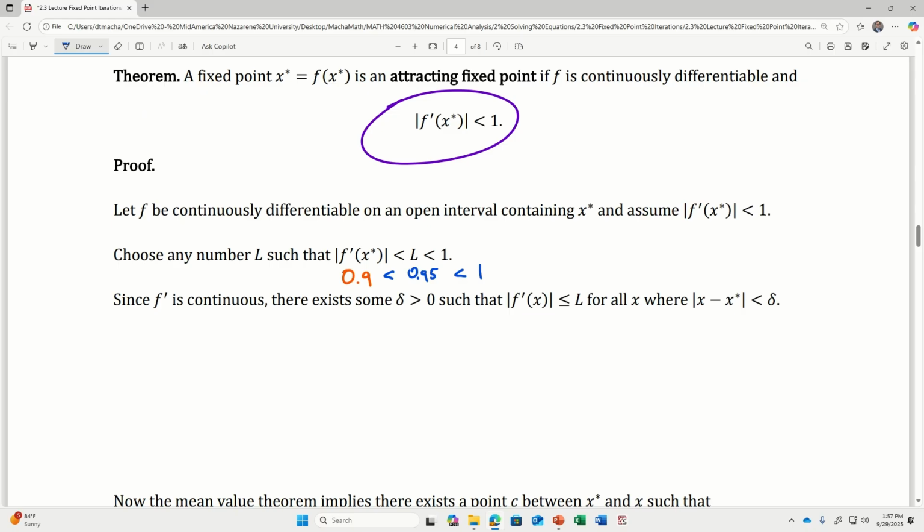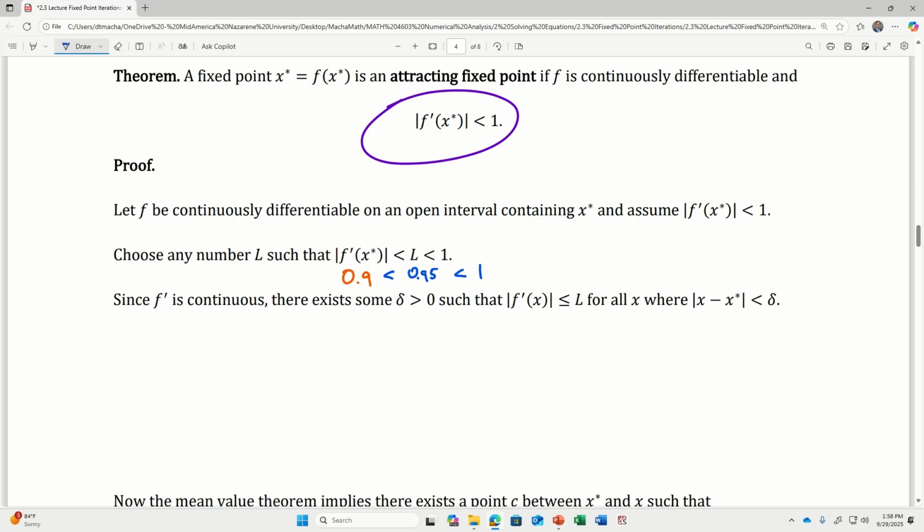Since the derivative of f is continuous, there exists some radius, some lowercase delta, a real number greater than 0, such that the absolute value of the derivative is less than or equal to L for all values x where the distance from x to the fixed point is less than the radius of the interval.